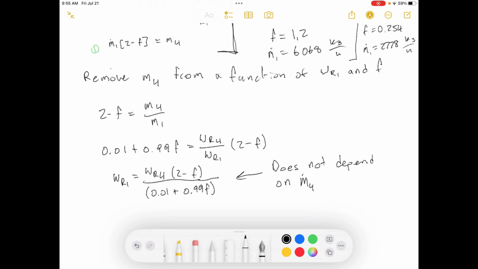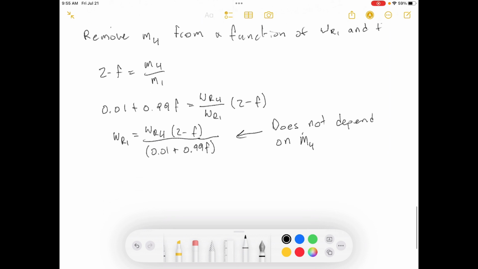Use an easy solve parameter sweep to generate a plot of F versus XRA for MP equals 4,850 kilograms per hour and XRA varying between 0.02 and 0.1. Prove that you would get the same curve regardless of the value of MP.